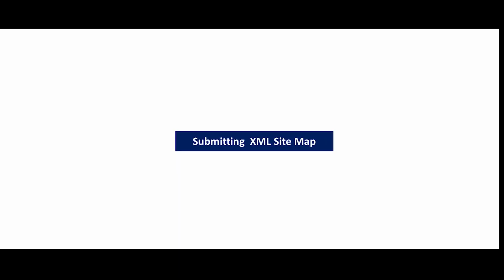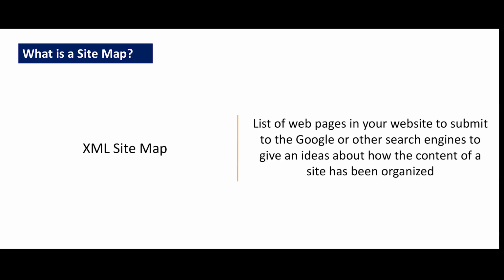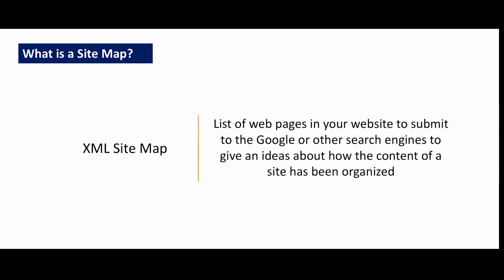Submitting sitemap. The next important step in site indexing is to submit the sitemap to the Google Search Console. What is a sitemap? A sitemap in the context of SEO is often referred to as an XML sitemap. In simple terms, it is the list of web pages in your website to submit to Google or other search engines to give an idea about how the content of the site has been organized.